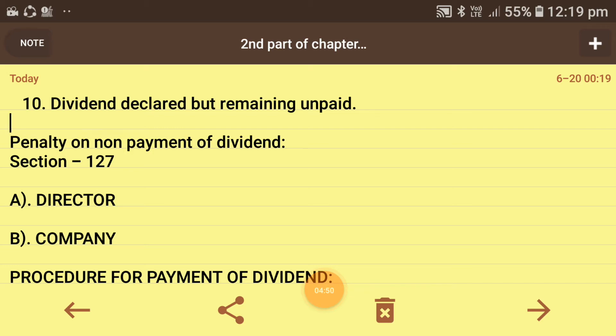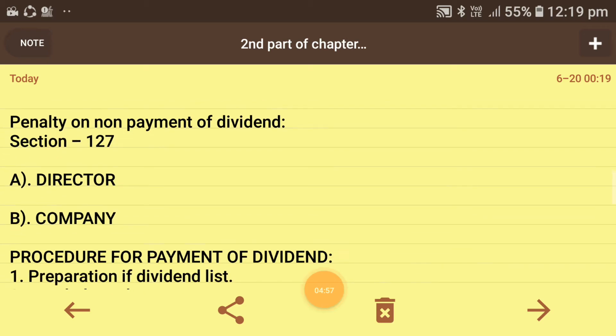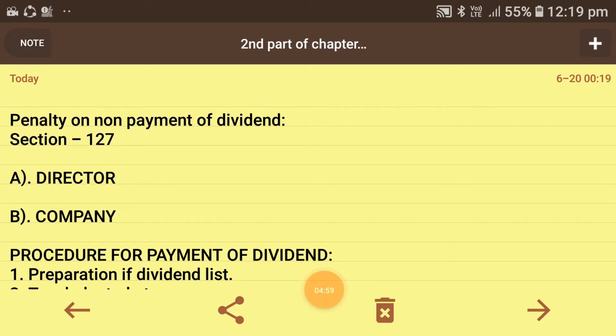If the company has not paid the amount of dividend, then we need to wait for 30 days. Then we need to deposit the unpaid dividend amount in the unpaid dividend account and recover the dividend from the company with 12% interest also.